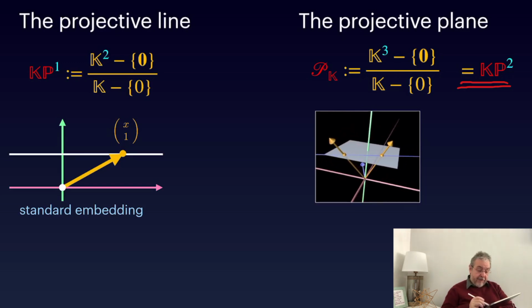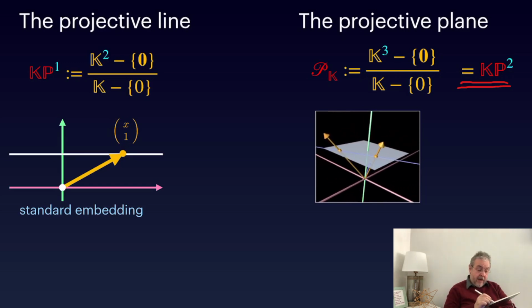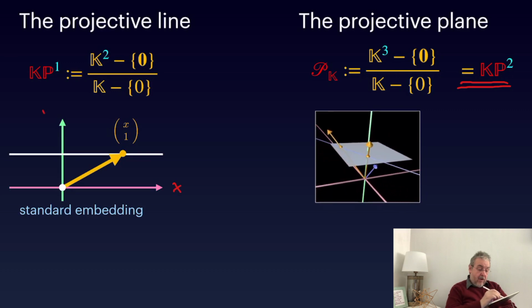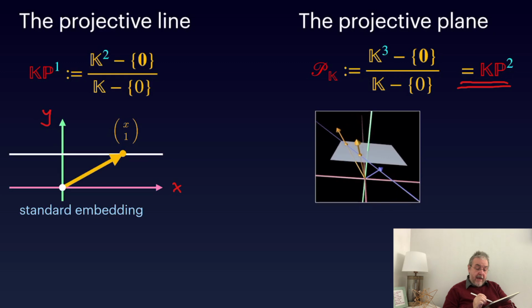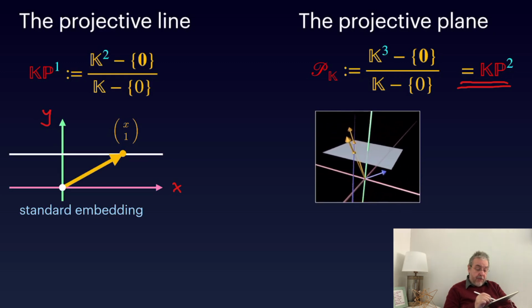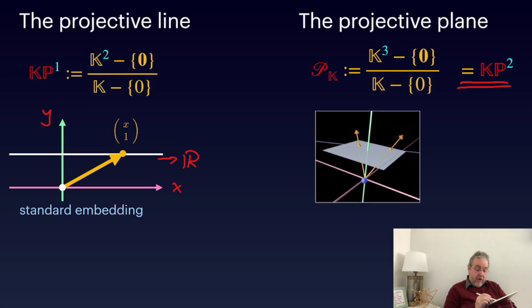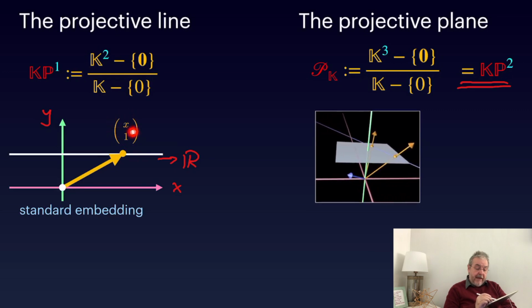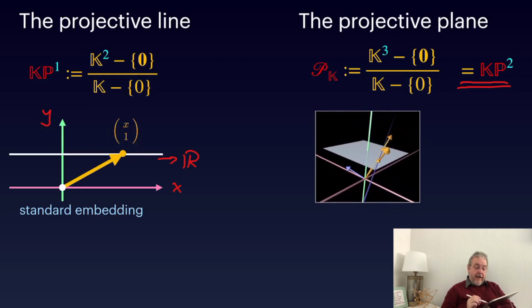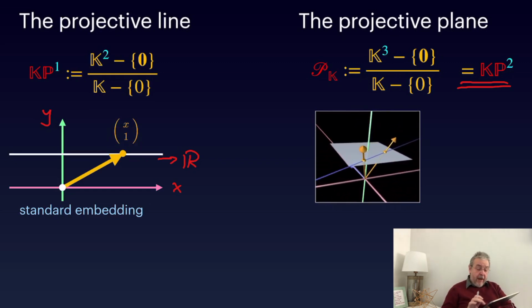You have an x coordinate and a y coordinate, and each point on the, say, real line is represented by its corresponding projective equivalent, which is taking the x coordinate and putting it on a y level of 1.